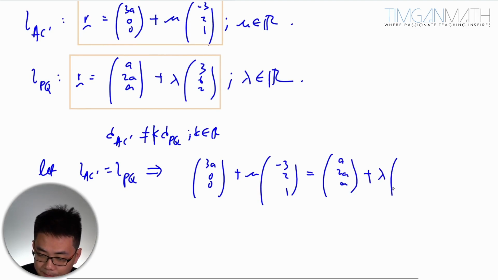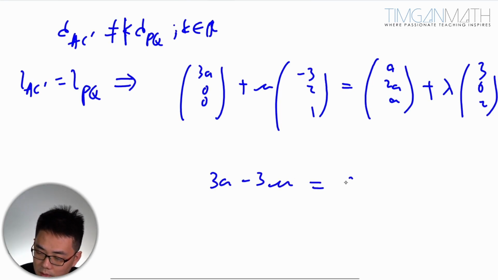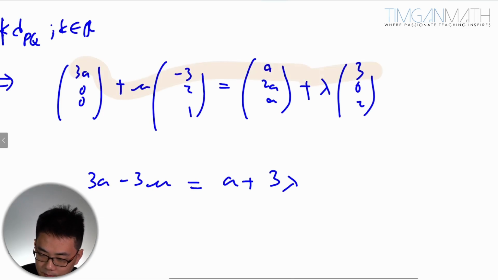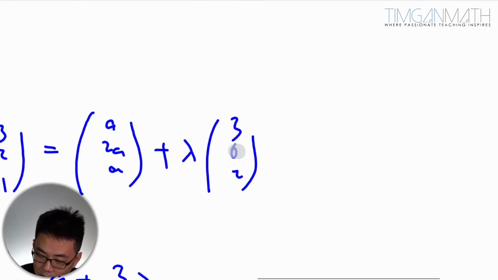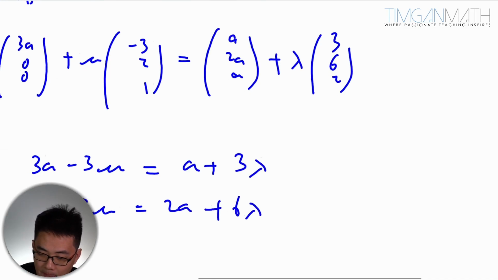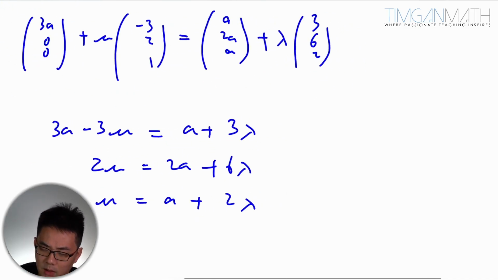For this case, you realize that this is 3A minus 3 mu, so A plus 3 lambda. I'm going to take the x out. Then I'm going to use 2 mu equals 2A plus 6 lambda, and this is mu equals A plus 2 lambda.